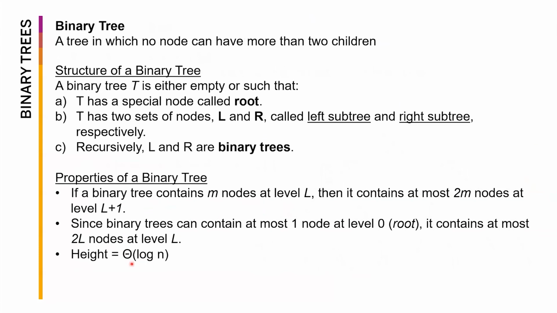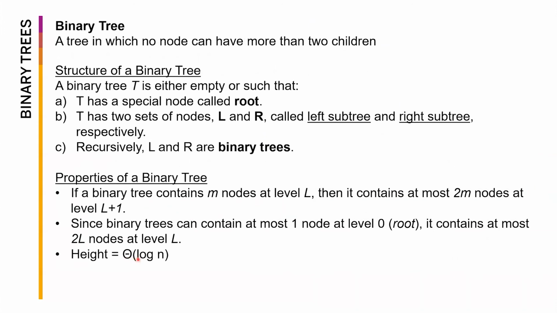The height is always equal to O of log n or theta of log n, because that will be the same. This is an important property of binary trees, which will be helpful later on when assessing the runtime of operations on a tree.